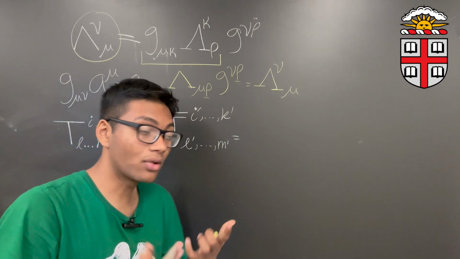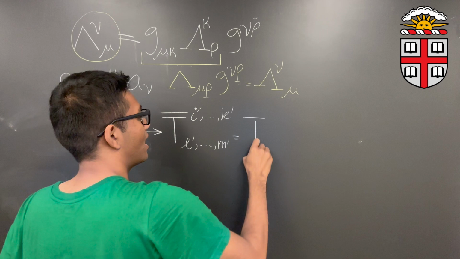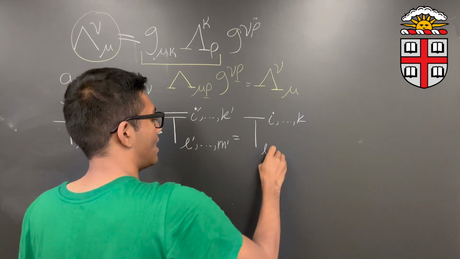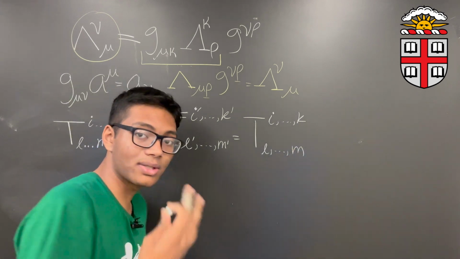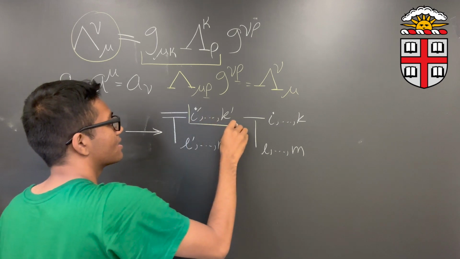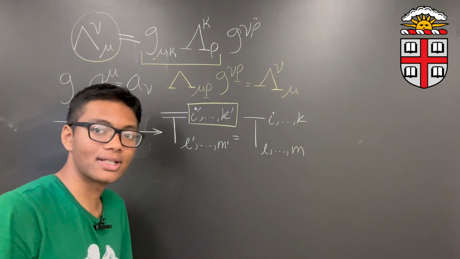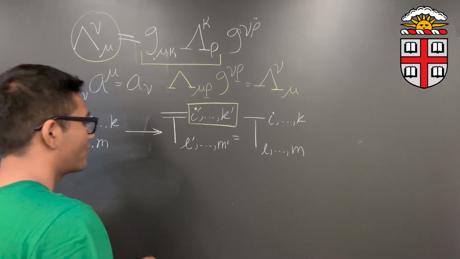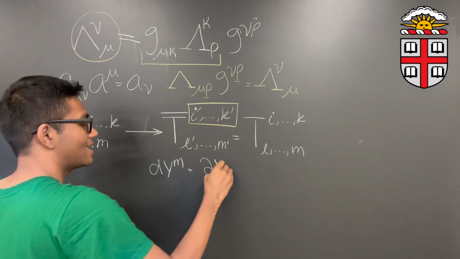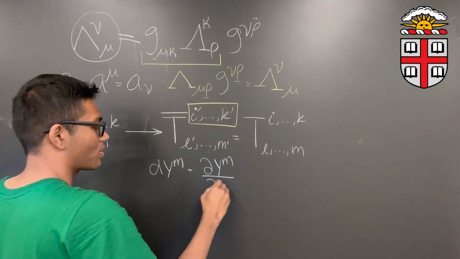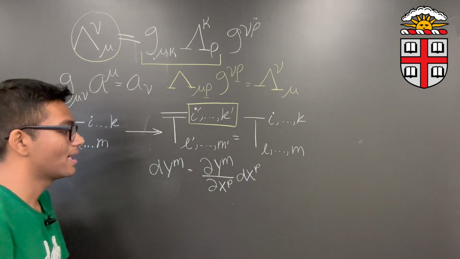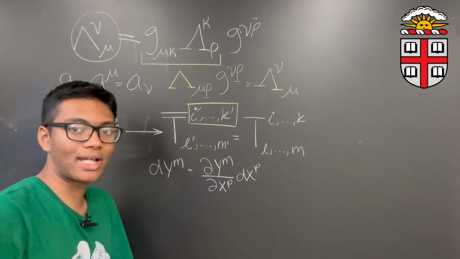It would equal the original tensor T, i all the way to k, l all the way to m, but multiplied by certain derivatives. First of all, these components are contravariant, so let's remind ourselves how contravariant tensors transform. Just write down how the displacement occurred: dy^m is partial y^m over partial x^p, dx^p.